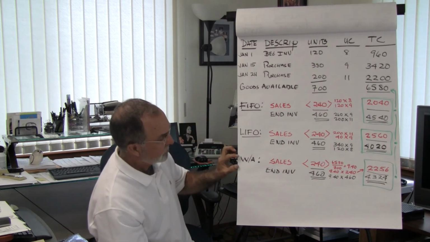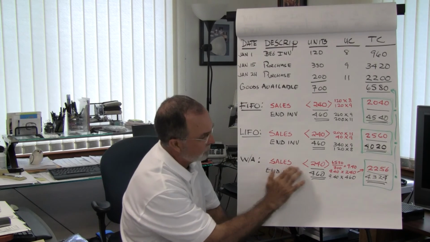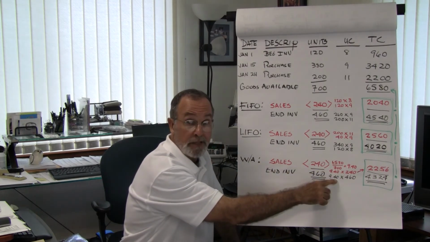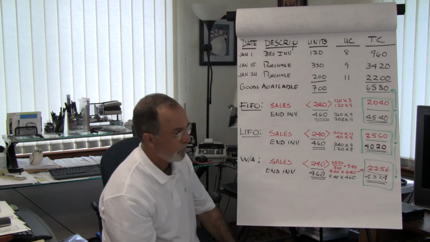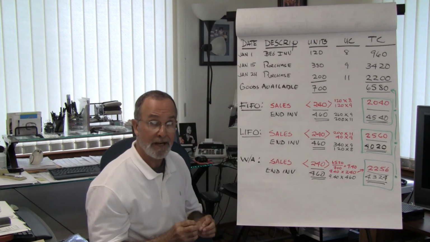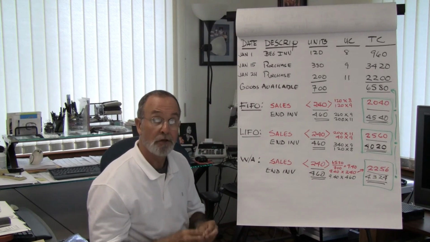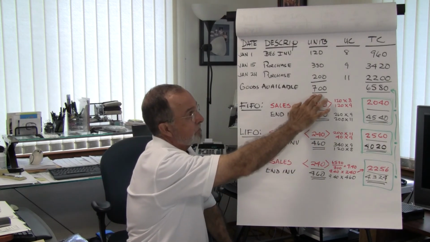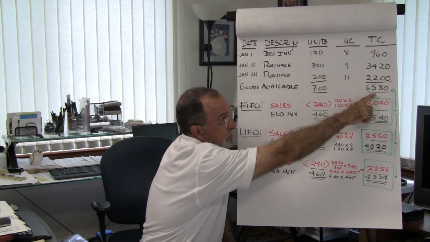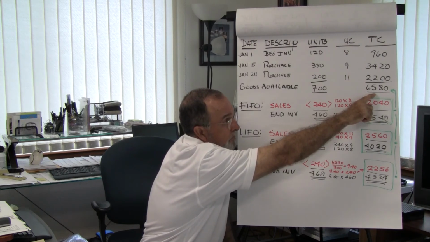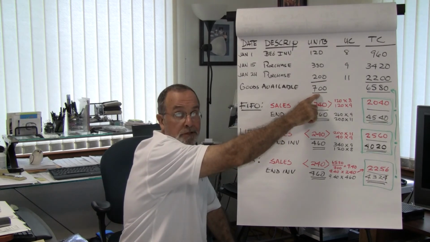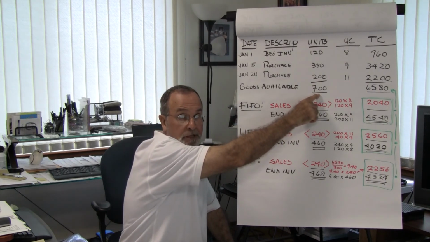The way weighted average works is when we calculate our cost of sales as well as our ending inventory, what we do is we average our cost for the period. So for the month of January, our total cost of goods available was $6,580, and our total units available was 700.